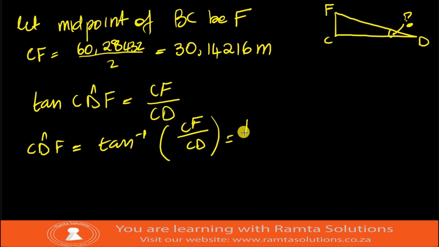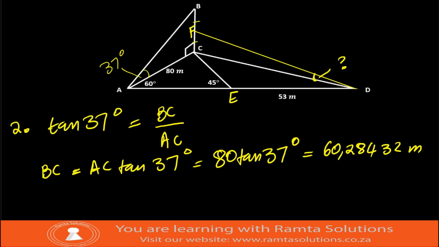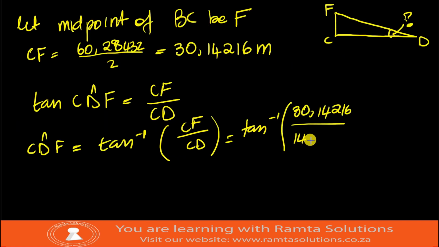So this is tan to the minus 1 of, what is CF? We found it to be 30,14216. And what was our CD? Let's go back. Our CD, we found it to be 140,54. It was the final answer, so I'm going to put it like that. Now let's find our angle.